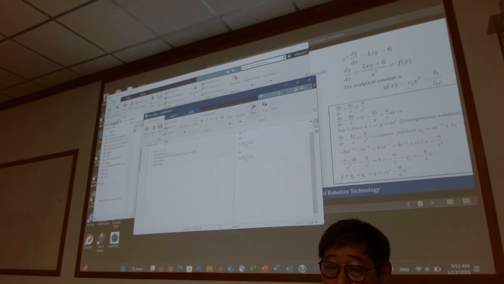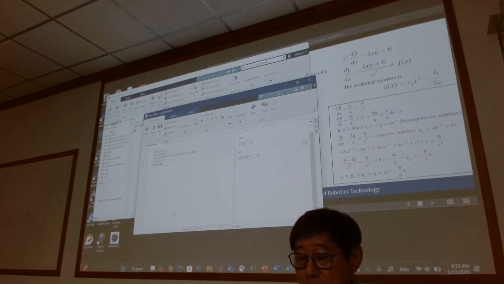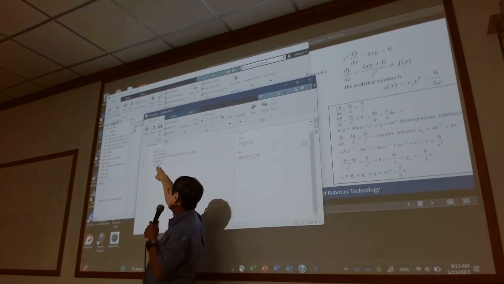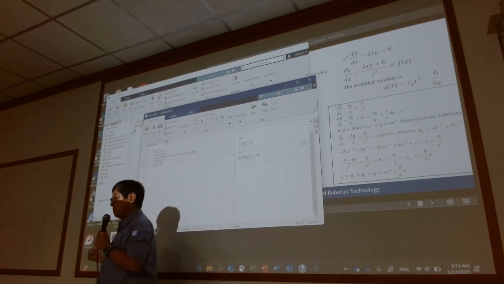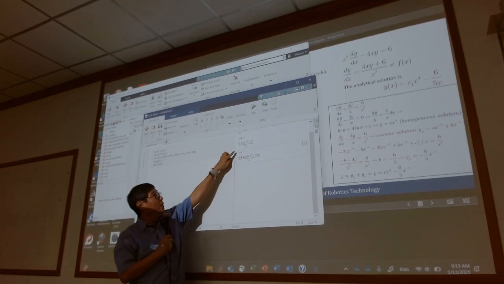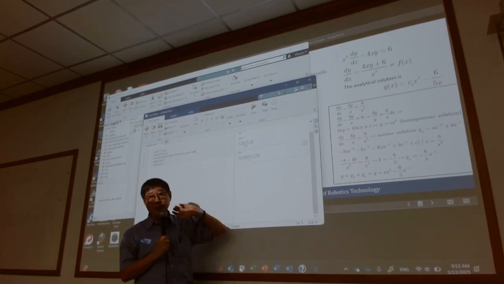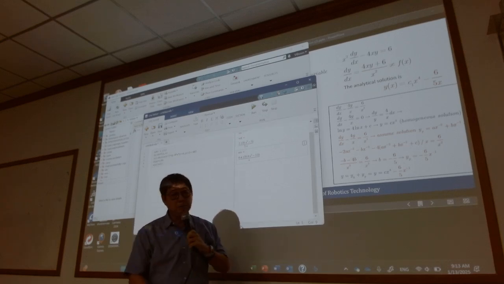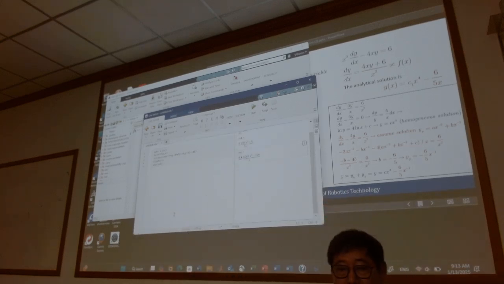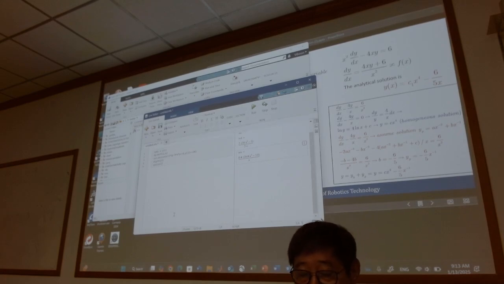VPA value of this one, so they change it into a number. Okay, can I put simplify VPA solution here?